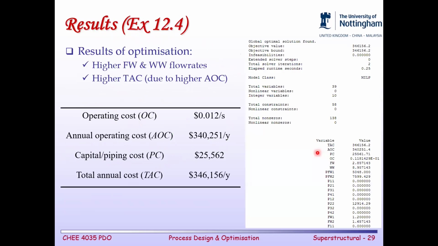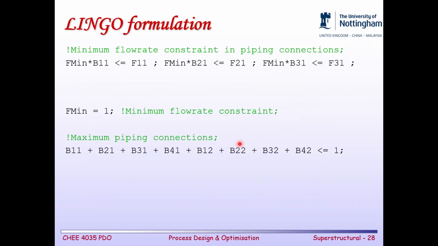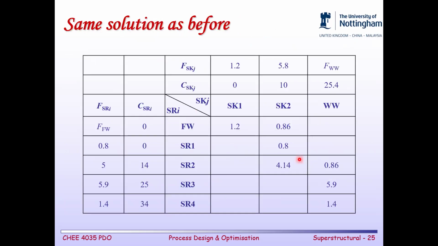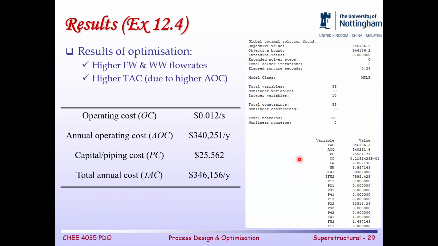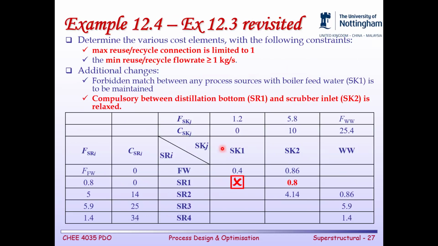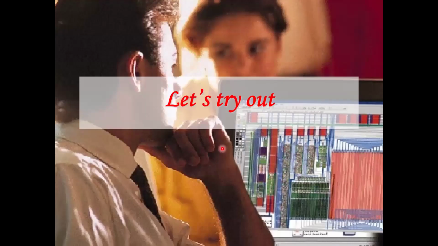Okay, so what will happen is that it will change the total annual cost. Let's see if it's lower or higher. Okay, higher than before, but because it increased the annual operating cost.